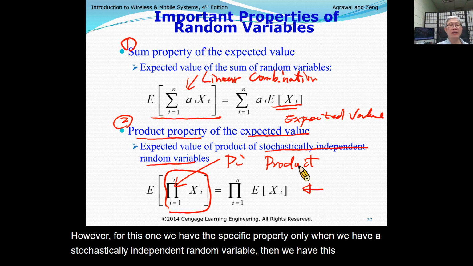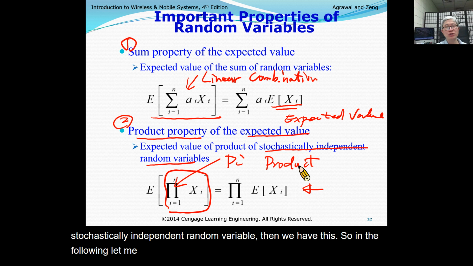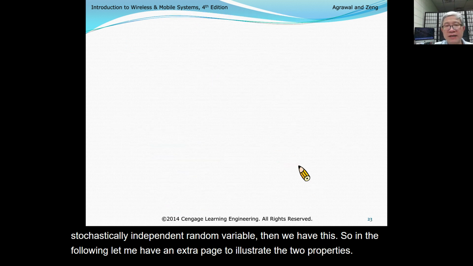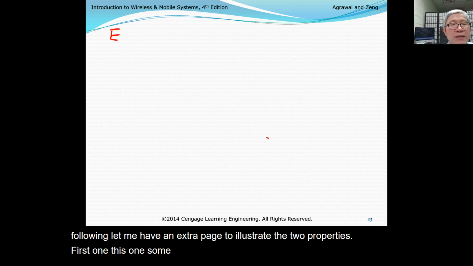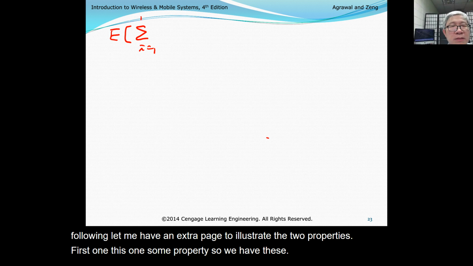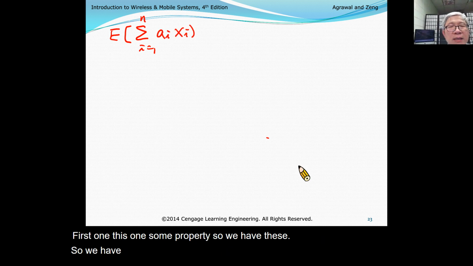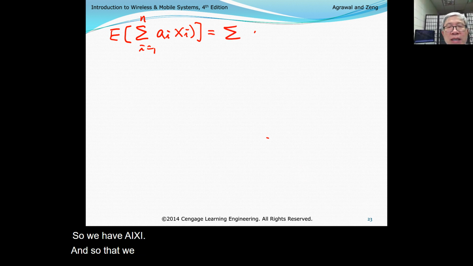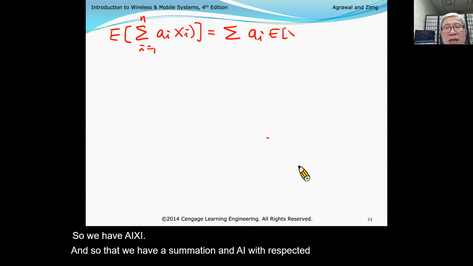So in the following, let me have an extra page to illustrate the two properties. First one, the sum property. So we have a_i, X_i, and so we have the summation of a_i with respect to the individual expected values.